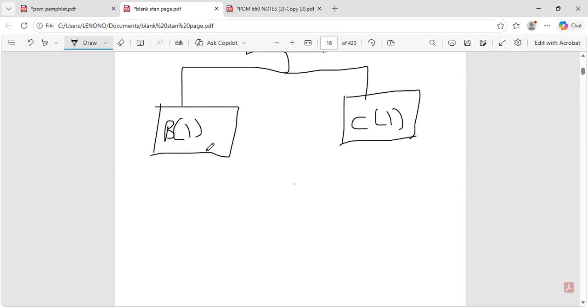Then the base consists of a plate and the three fasteners.